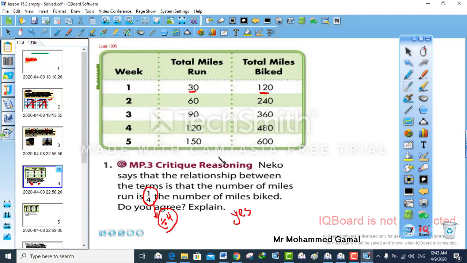When I divide 120 by 4, I will get 30. 12 divided by 4 is 3, and put down the 0. So yes, it's a quarter. The 30 is a quarter of 120. 60 is the same quarter of 240. And if you try any number here, it will be a quarter of the number there. Because of this, the relation being a quarter is correct.